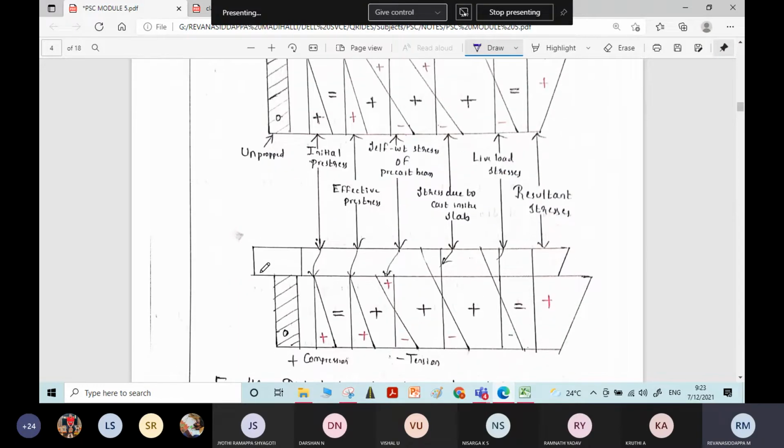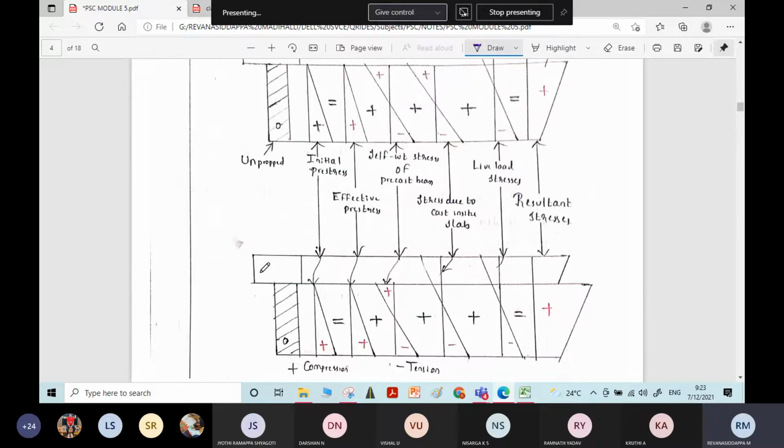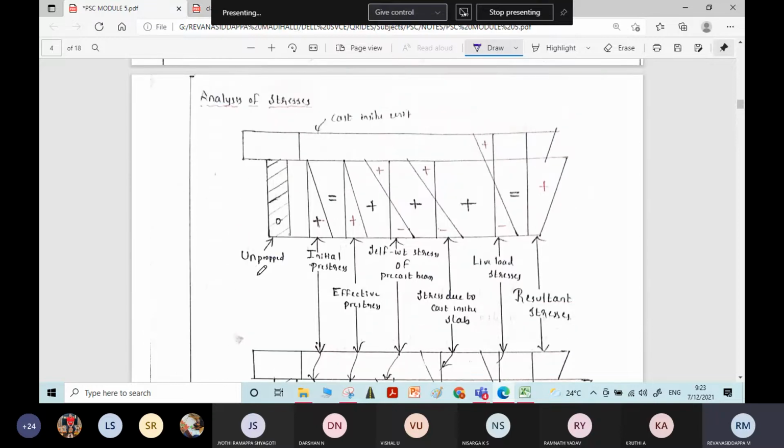Even the problems will be asked specifically for improper or proper. First we will see analysis of stresses for improper construction. When you take a composite member, it is a combination of the beam and the slab.